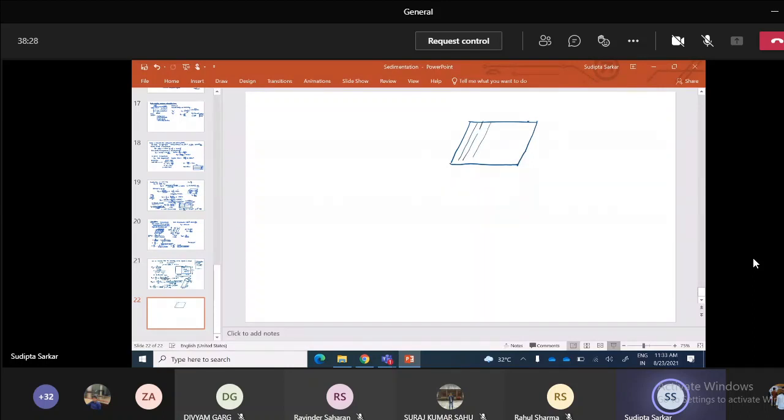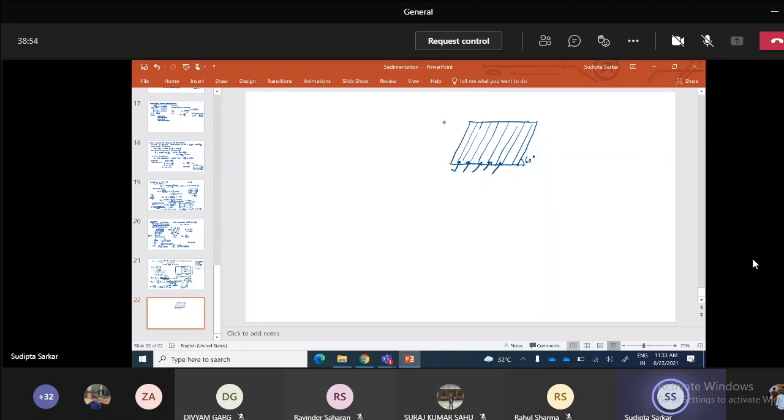I'm just trying to draw the elevation view of this. We have seen the plan view in the earlier diagram, and these are the tubes inclined at a 60-degree angle. And the water will try to push through these small tubes, right?